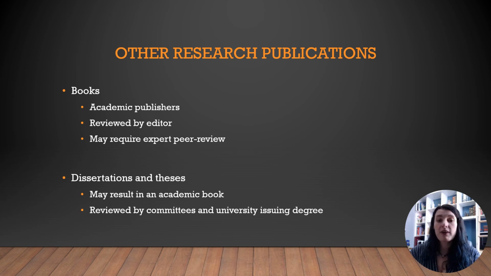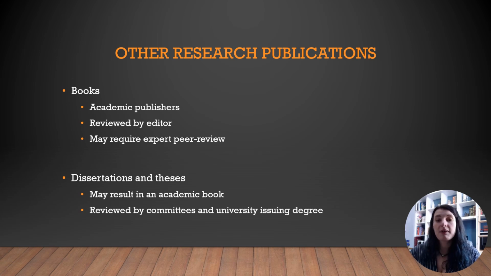Academic books are often written for a layperson, as opposed to the academic community audience that peer-reviewed journals are designed to address. An academic book will have an editor that will address organization and structure, and many academic publishers will also require peer-reviewed processes that involve experts in the discipline. So while these are not peer-reviewed journal articles, they often go through a similar rigorous process of publication.